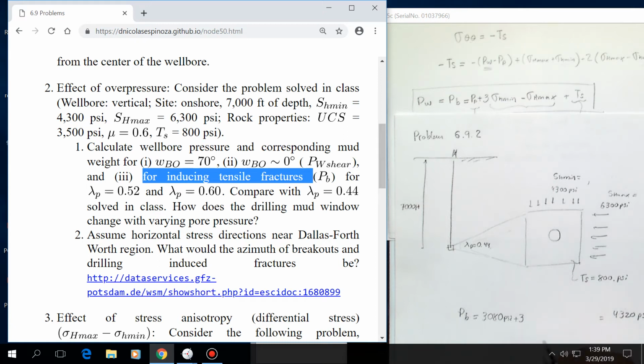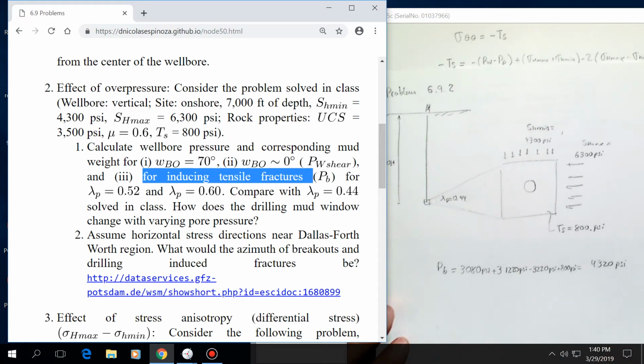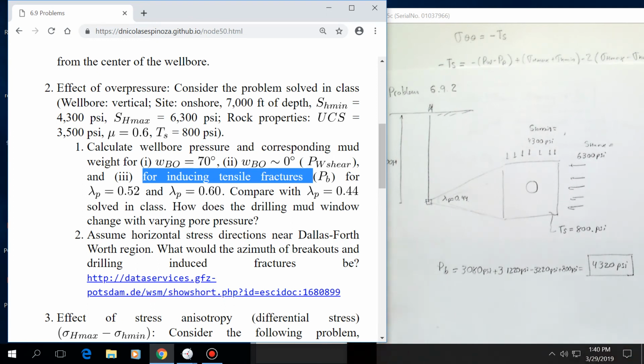Okay. 1,200. And what is sigma h max? 3,220. And the tensile strength is 800 psi. So this should give you this number. Okay? Everyone gets the same?